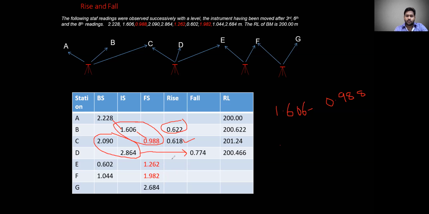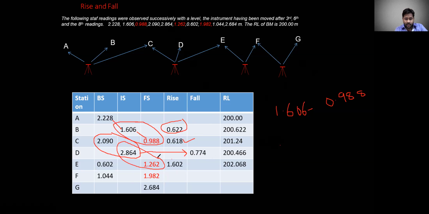0.774. So next I will solve the next one. See here, I need to subtract from this one to this intermediate side to get the rise. So here I need to take this value.